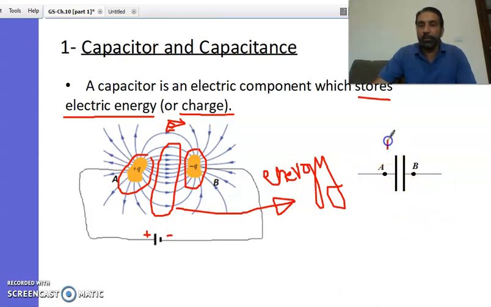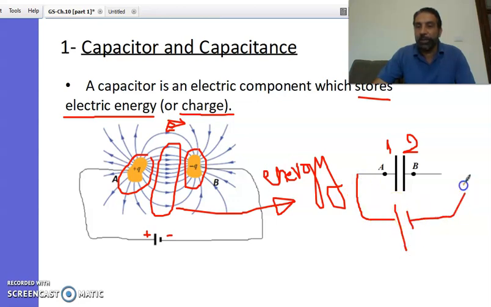This is surface 1 or surface A. This is surface 2 or surface B. Now, if you connect the capacitor to the terminals of a battery or any DC generator, what happens? Here you will collect positive charge, and here you will collect what? Negative charge.